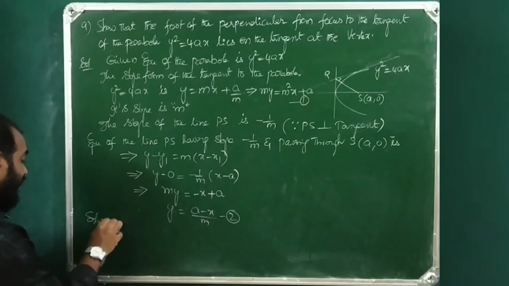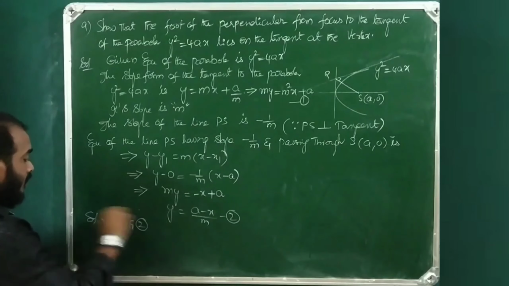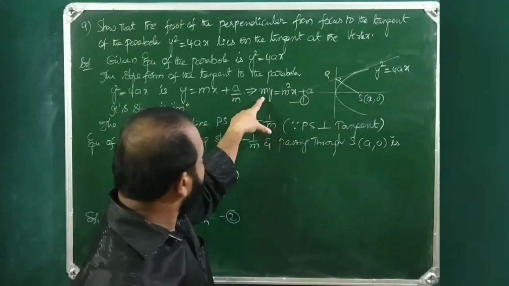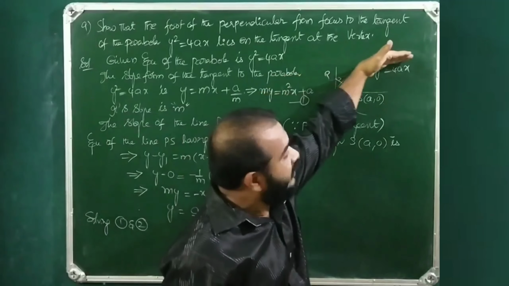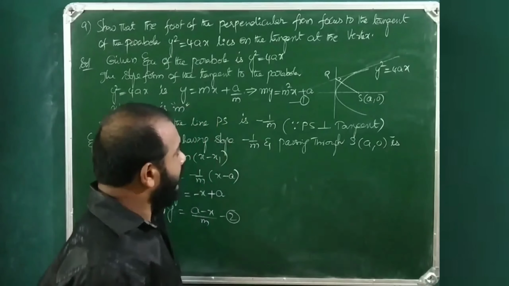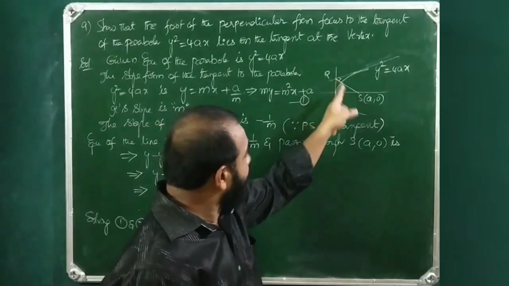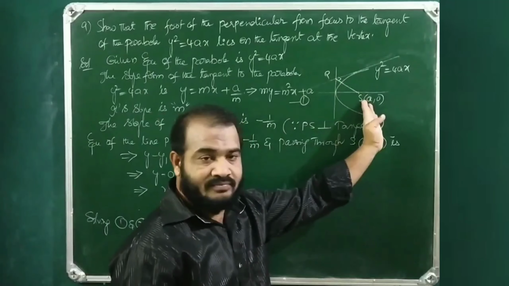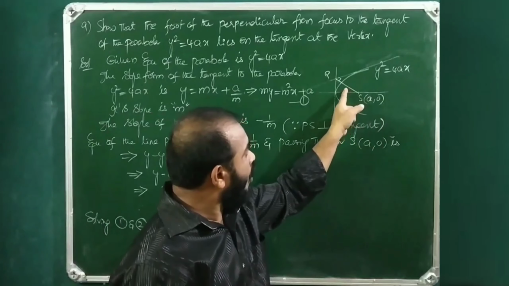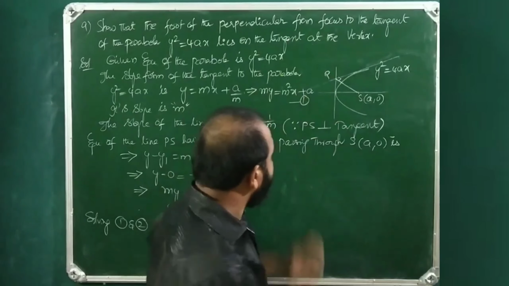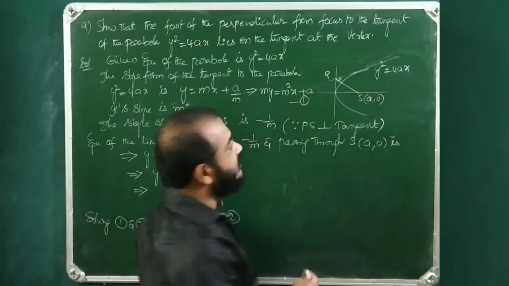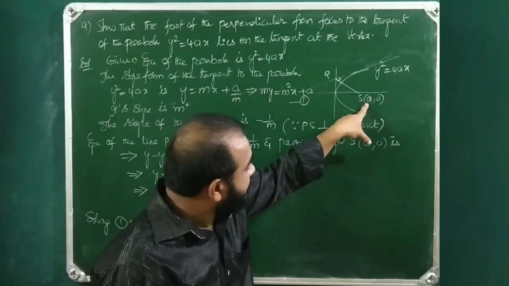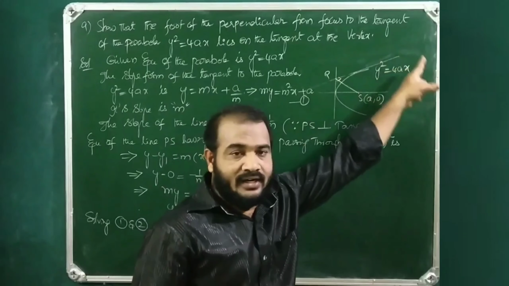If we solve 1 and 2, my is equals to m square x plus a is this line, and my is equals to minus x plus a is this line. If you solve this line as well as this line, what we get is the foot of the perpendicular of S a comma 0 onto the tangent.